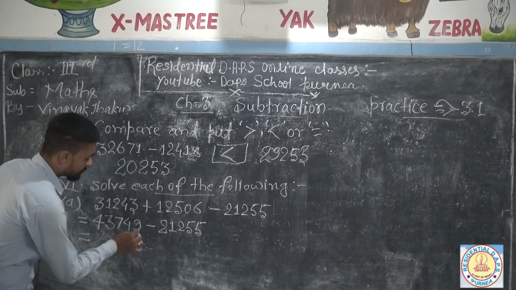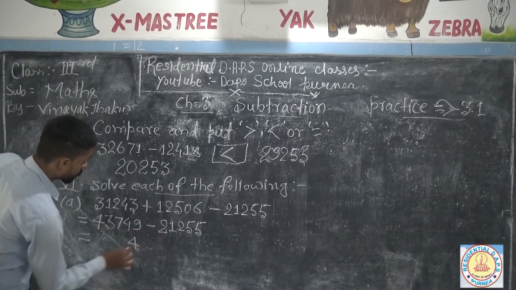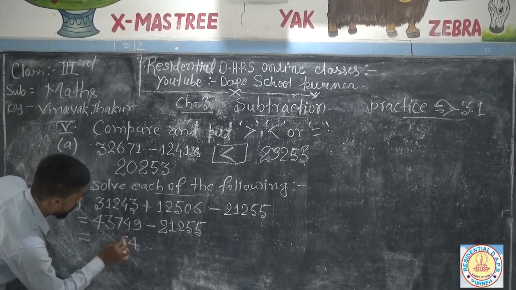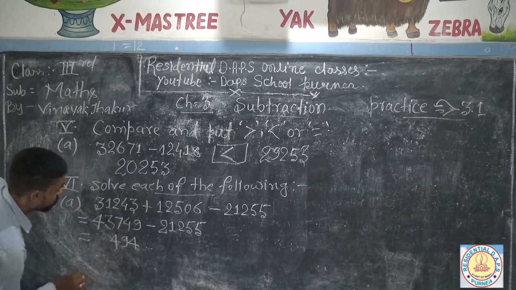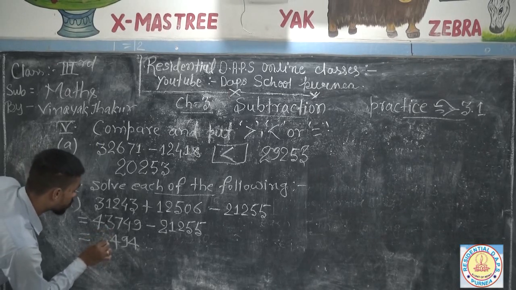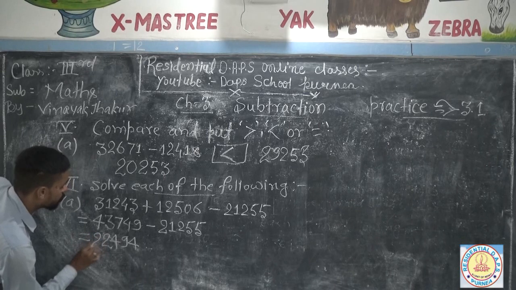So when we subtract, 14 minus 5 is 9, 6, 2, 4. 3 minus 1 is 2, and in the last, 4 minus 2 is 2.